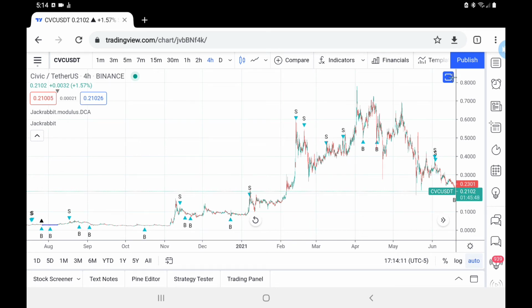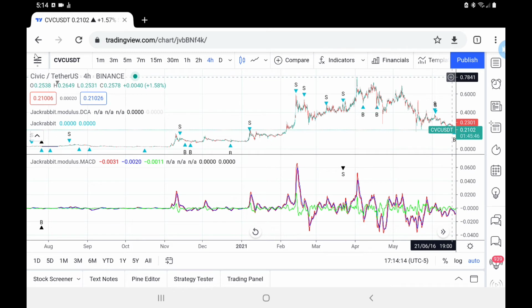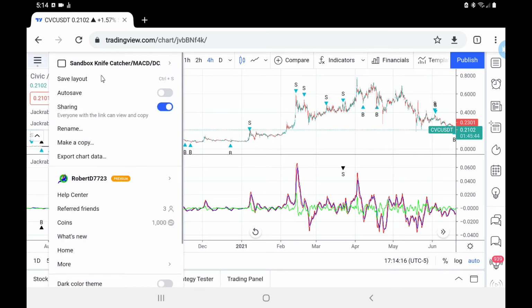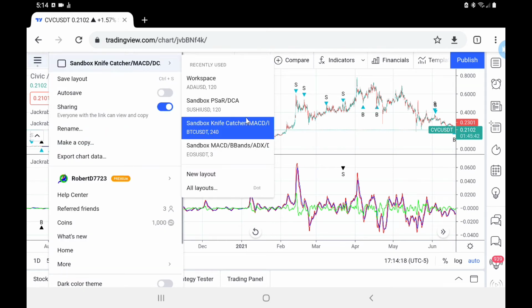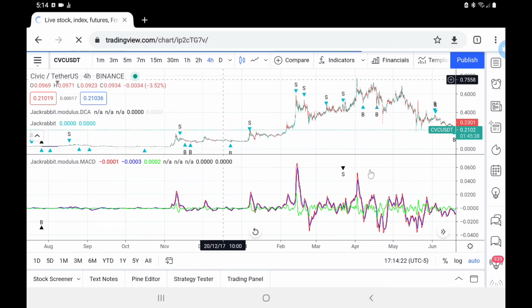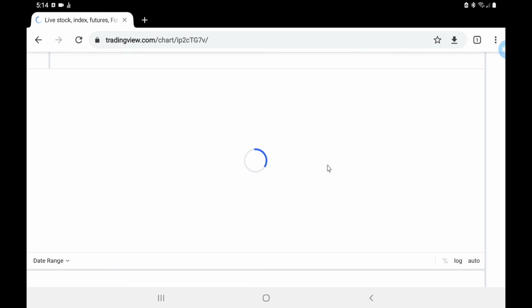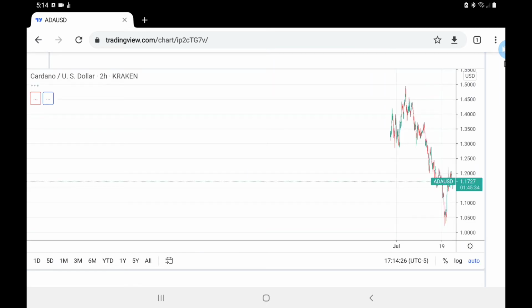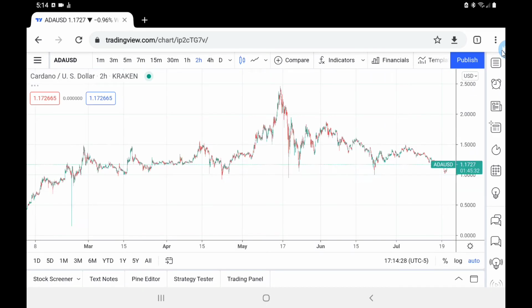You must have balance. For example, let's go back to my workspace. And let's take a very simple approach.